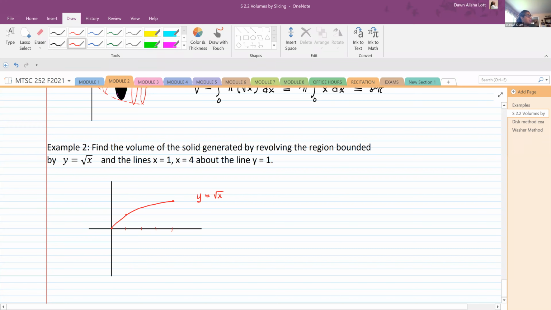This time it says it is cut off by the lines x equals 1. So here is the line x equals 1. Okay, x equals 4. So here's the line x equals 4.